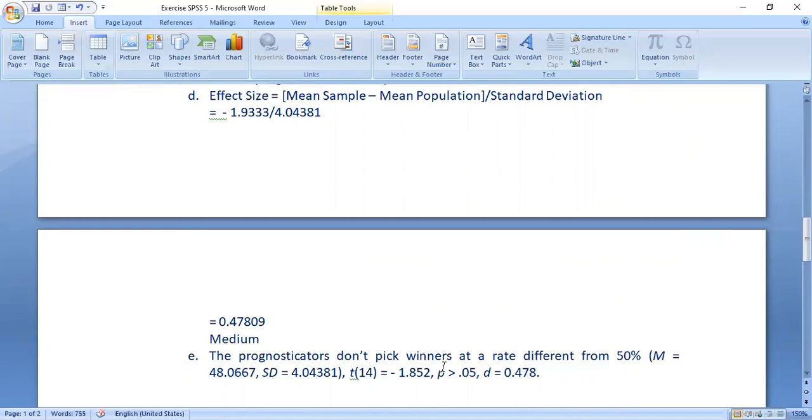We know the value of significance is coming at 0.085. So it's quite high compared to what is acceptable for accepting the alternate hypothesis. And the d value is coming at 0.478. So that way we have been able to answer question 1 of exercise 5.